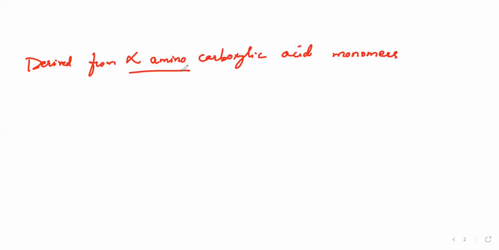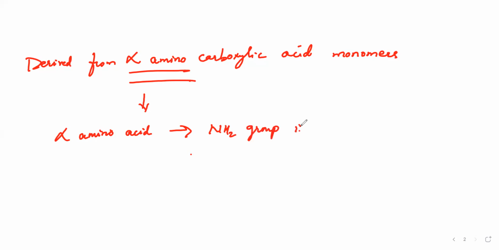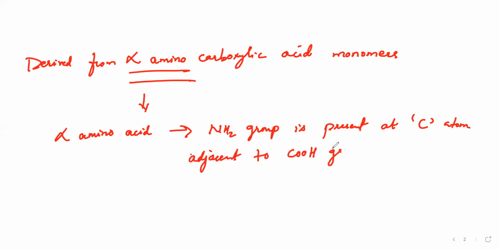What is this alpha amino acid? Alpha amino acid means an amino acid in which the NH2 group, that is the amino group, is present at the carbon atom adjacent to the carboxyl group. Therefore, whichever amino acids there are, they will exhibit a phenomenon called stereoisomerism.